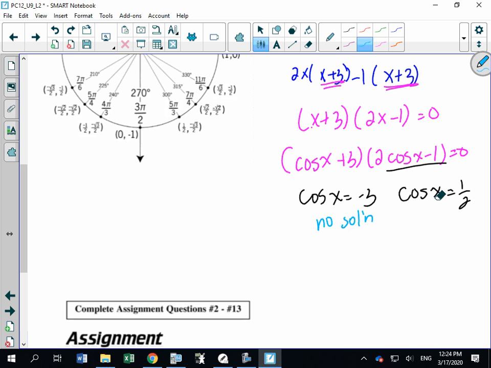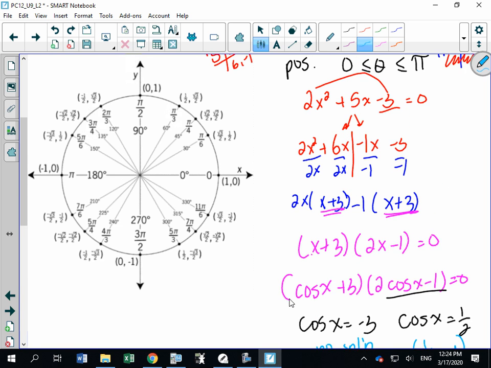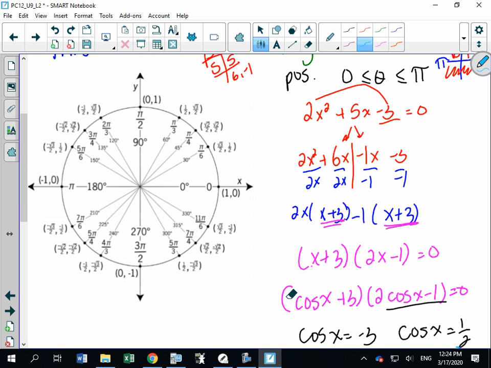This side, unit circle. Who knows their unit circle? Where is cos 1/2? Remember that cos is x? So I'm looking for on my unit circle, where is x 1/2? So going to my unit circle, x is 1/2 here. So pi over 3 is one of my solutions.